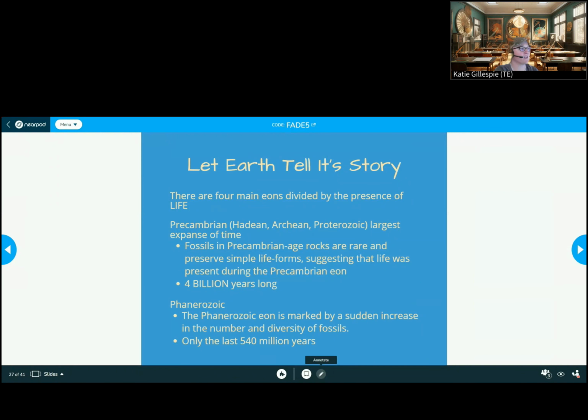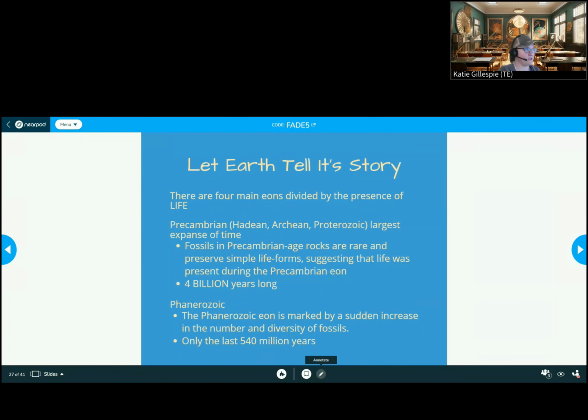The Precam, that's what we're going to refer to it as, the Precambrian. The Precam is the largest expanse of time. I've got to understand that. We have 4.6 billion years of time that we are assessing. 4 billion is the Precambrian. Only 0.6 is where we have vast evidence of life.